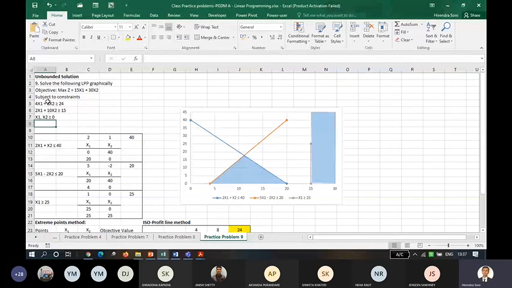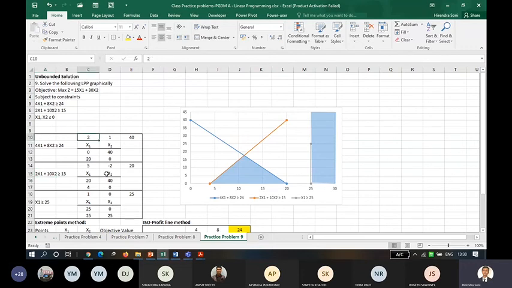I've got only two constraints on this side, so we will enter accordingly. So the z value would be different. Second is this one.